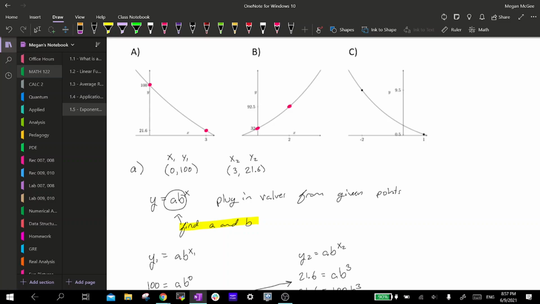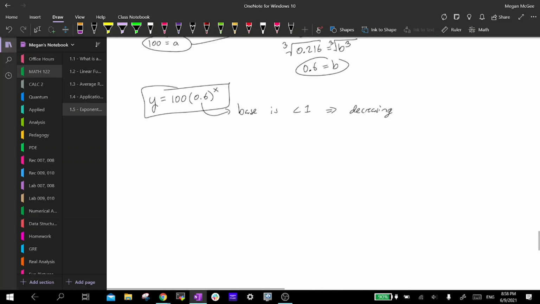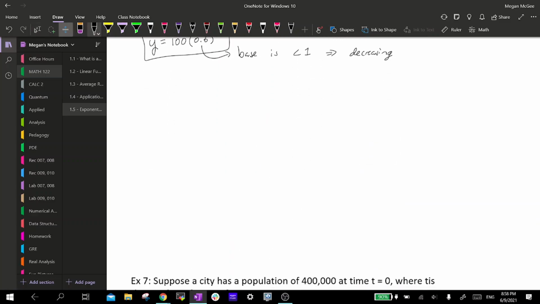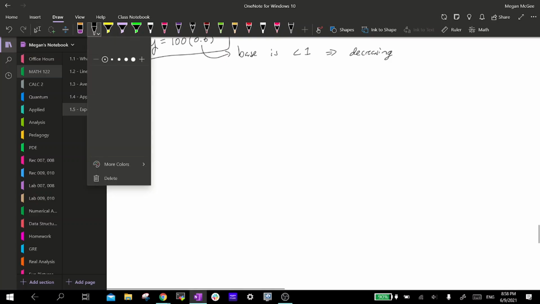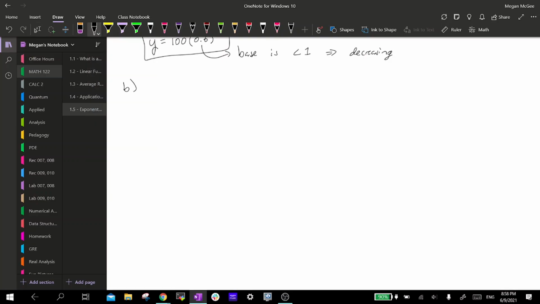We graphed those 2 points, so now we're going to do the exact same thing of solving 2 equations. For part B, we have the points 0 and 32, and 2 and 92.5.